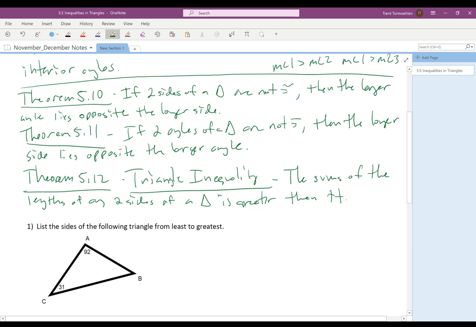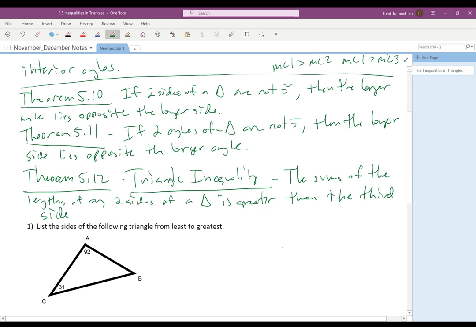Now, usually the way we think about this is that the two smallest sides are always going to be greater than the longest side. That's the most relevant way to think about it.